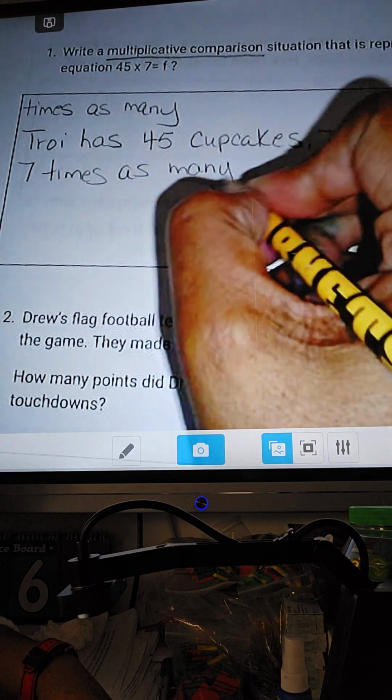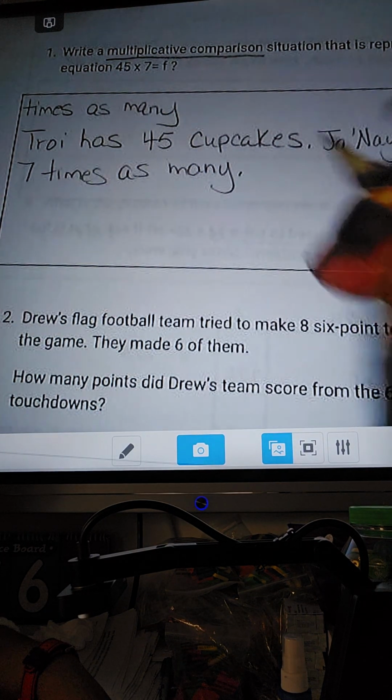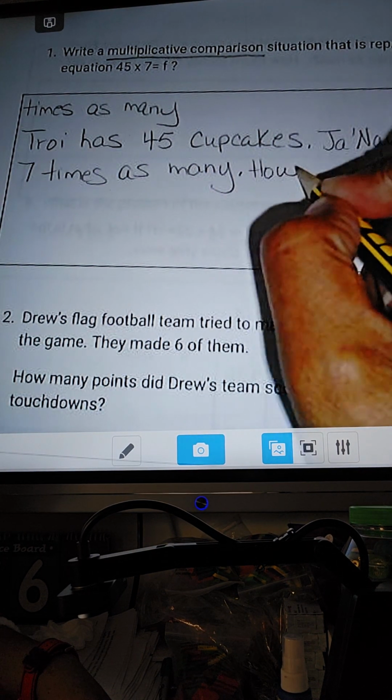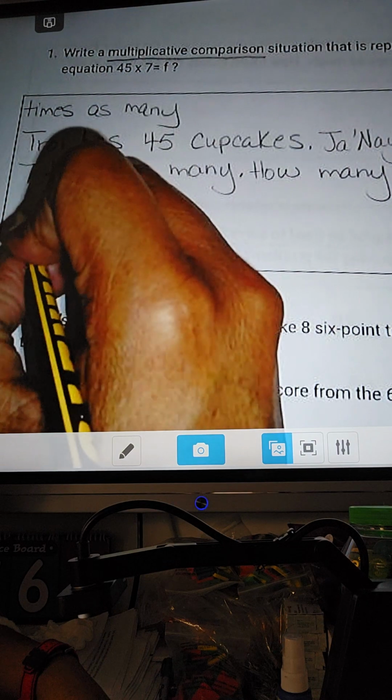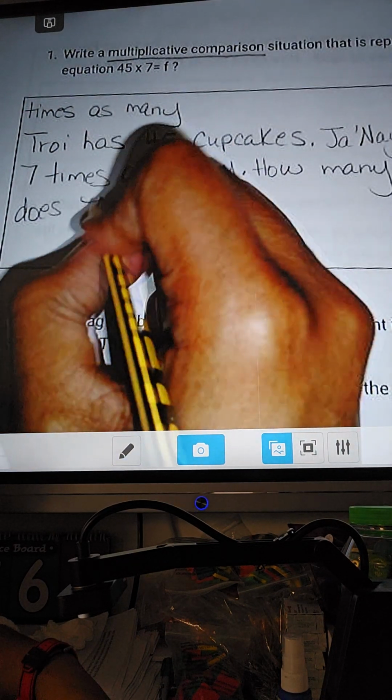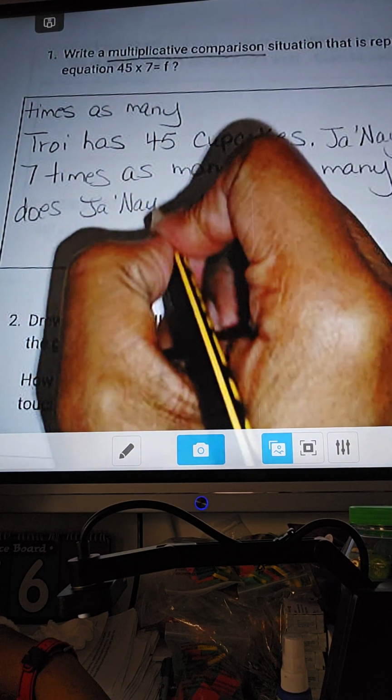Y'all don't remember these types of questions? They're in a do now. Several weeks we did this. Three read protocol. How many cupcakes does Janila have?